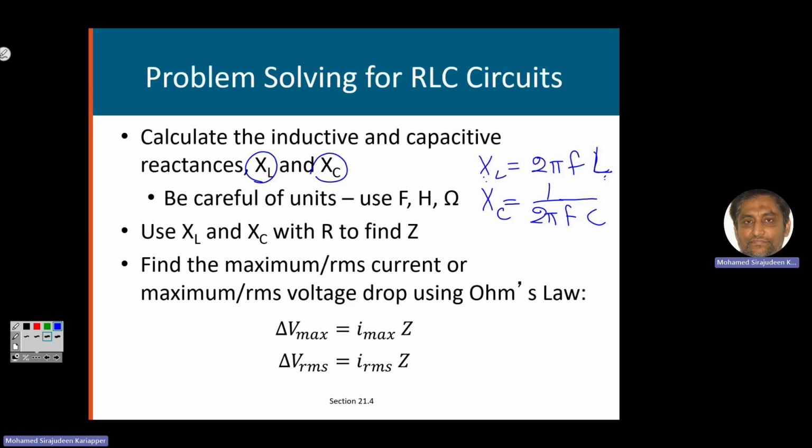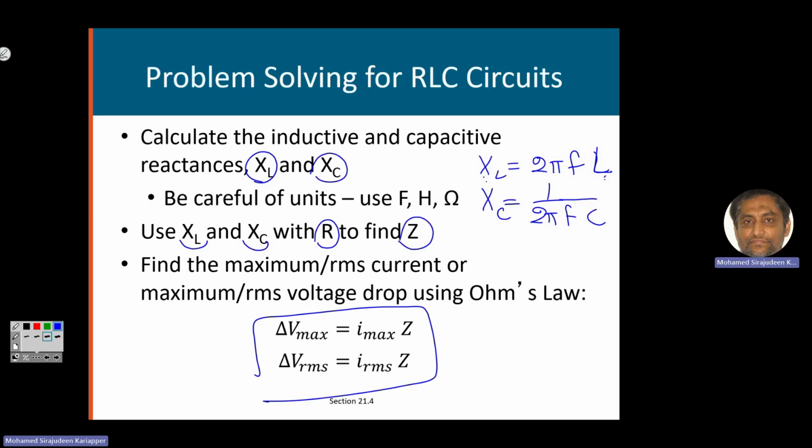So you will use these formulas to calculate XL and XC, and R may be given. From that you may have to find the impedance, the total resistance and reactance. Then probably you have to find the current, the maximum current or the RMS current. Then you will be applying Ohm's law.